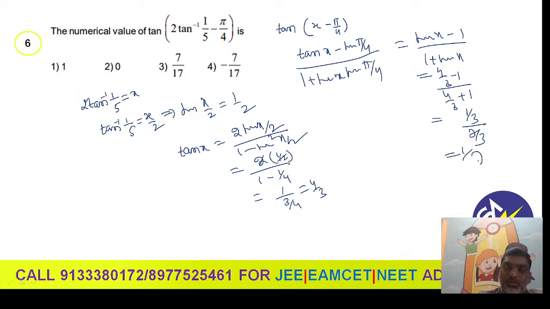This could be equal to 1 by 7. Okay, now what is the answer? 1 by 7, the numerical value of tan of 2 tan inverse 1 by 5 minus pi by 4.